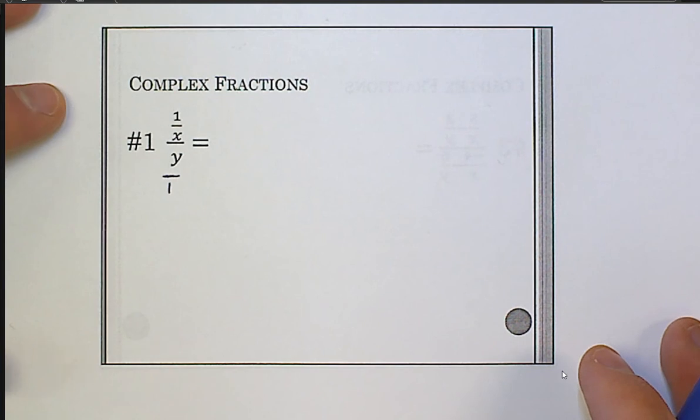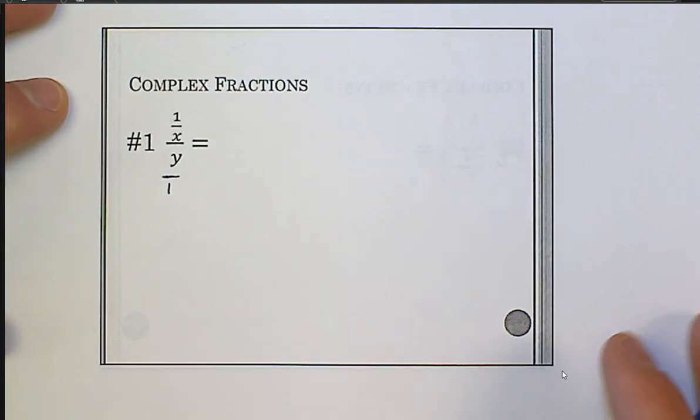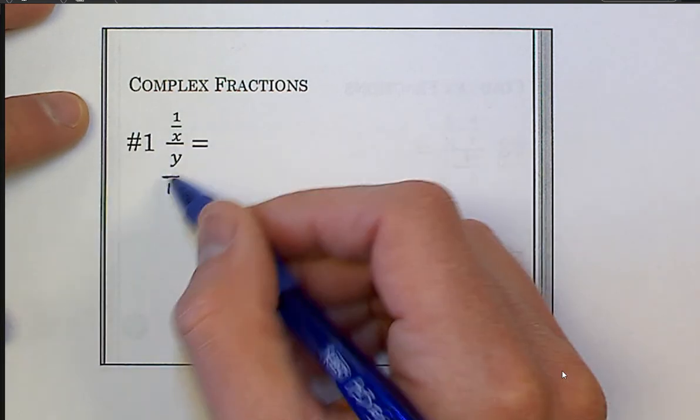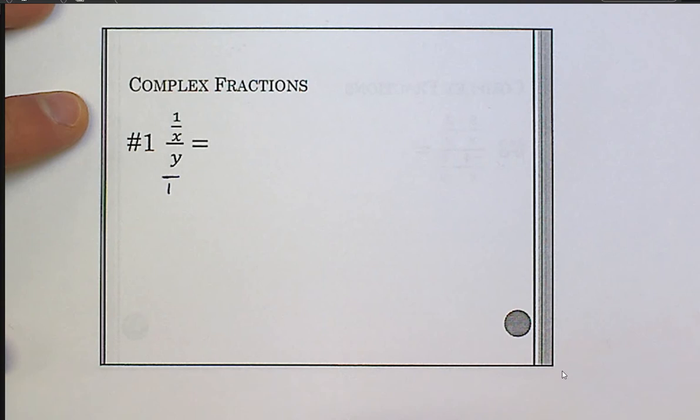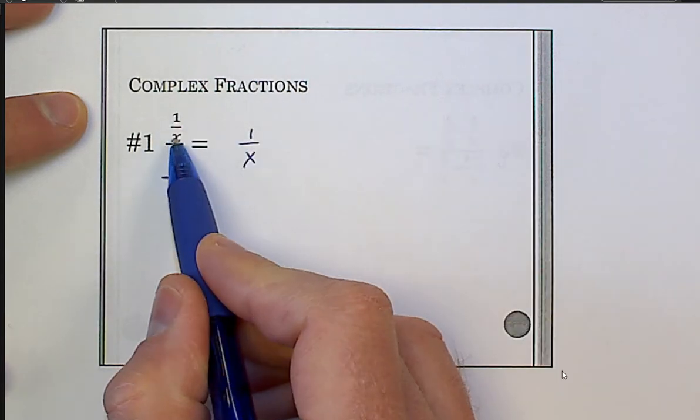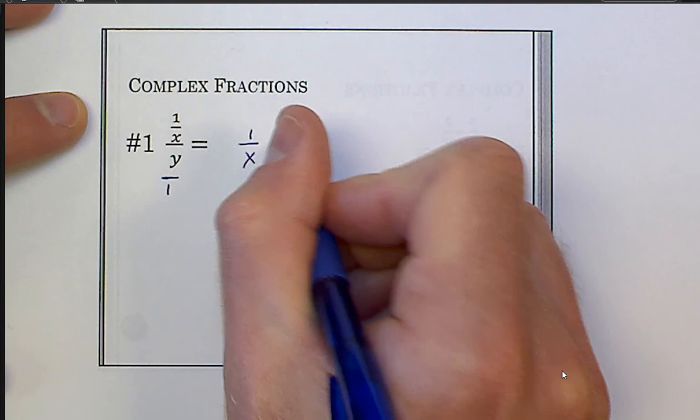Now, the first thing that a lot of students will do and a lot of teachers will teach is to rewrite this problem and think of it in a way that you have been exposed to before. In other words, this. Really what this is saying is 1 over x divided by y.